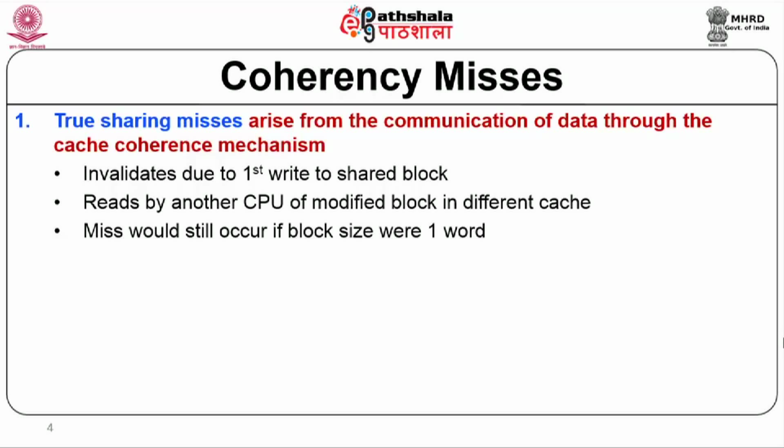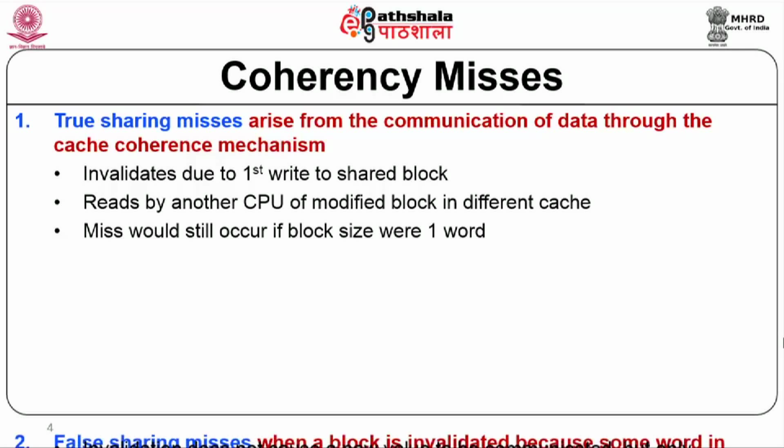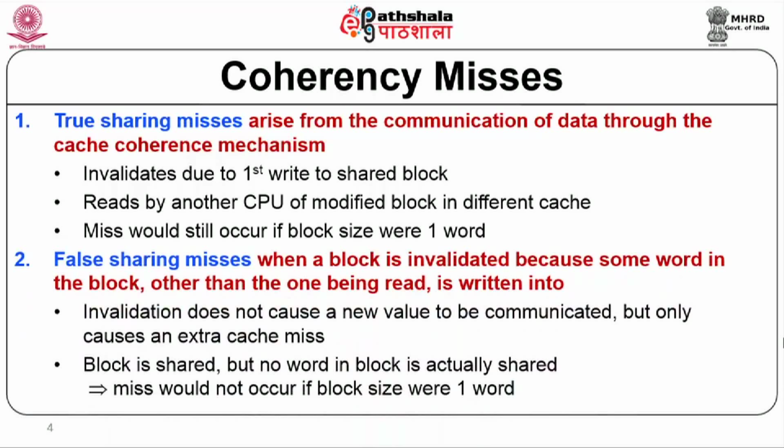So, the miss would still occur even if the block size were 1. Even if the block consists of only one word, this word has already been modified by some other processor. Which means that if some other processor wants to read it, it will definitely encounter a miss. So, that is an example of a true sharing miss.